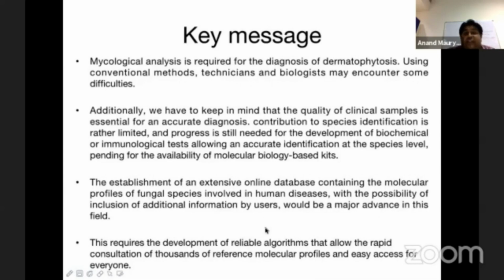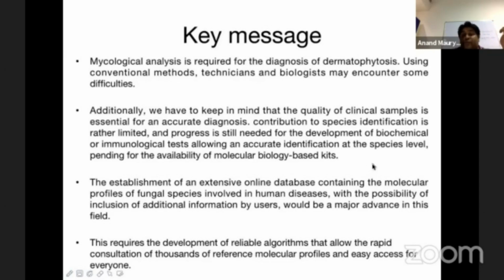So this is the overall key message from this presentation. Mycological analysis is required for the diagnosis of dermatophyte infection. The conventional methods, technicians and biologists may encounter some difficulties, and always keep in mind that the quality of the clinical specimen is essential for accurate diagnosis.